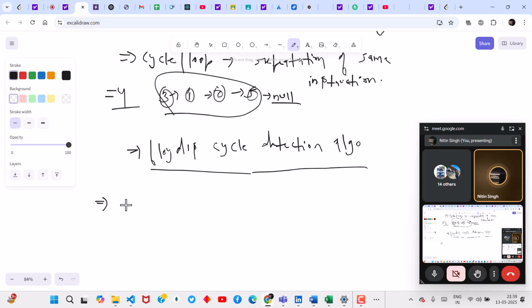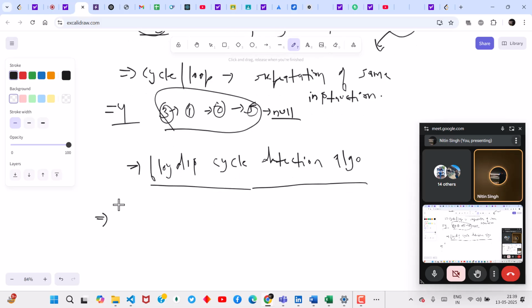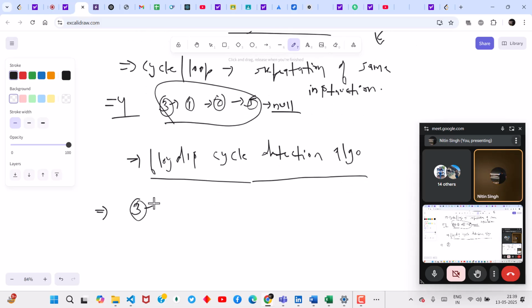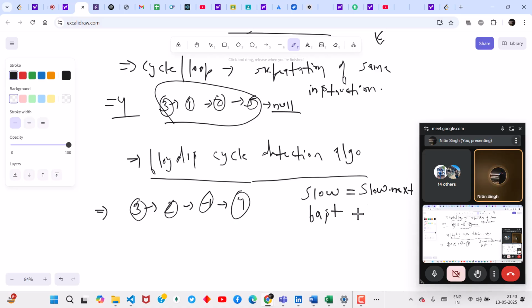So in this, let me write the whole linked list: 3, 2, -1, 4. What I'm doing is taking two pointers. The first pointer will be my slow pointer, and the second pointer will be my fast pointer. As the names suggest, you can guess what these pointers are going to do. The slow pointer will move only one step ahead, and the fast pointer will move two steps ahead.